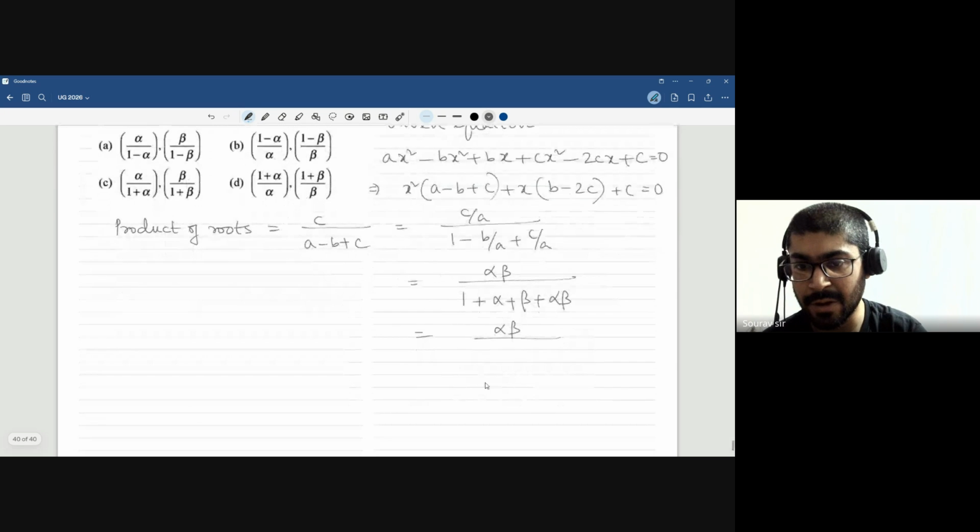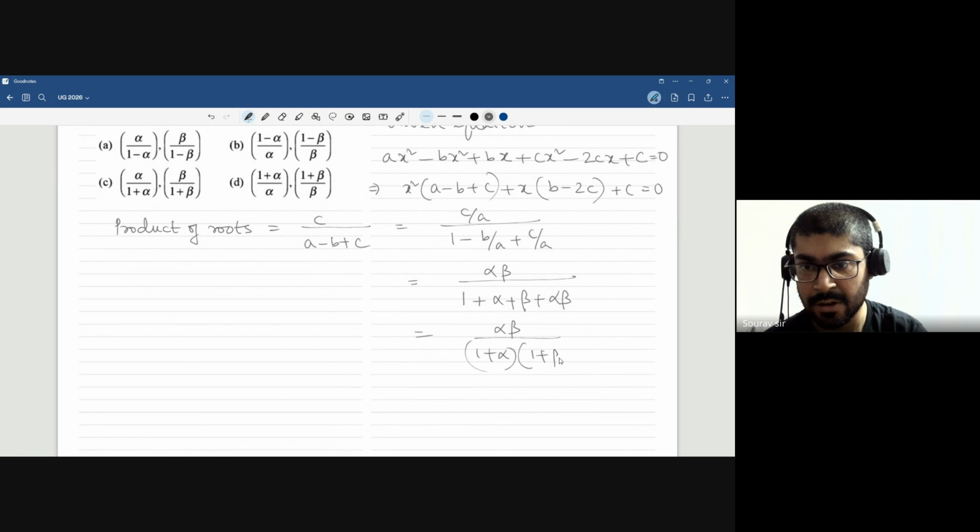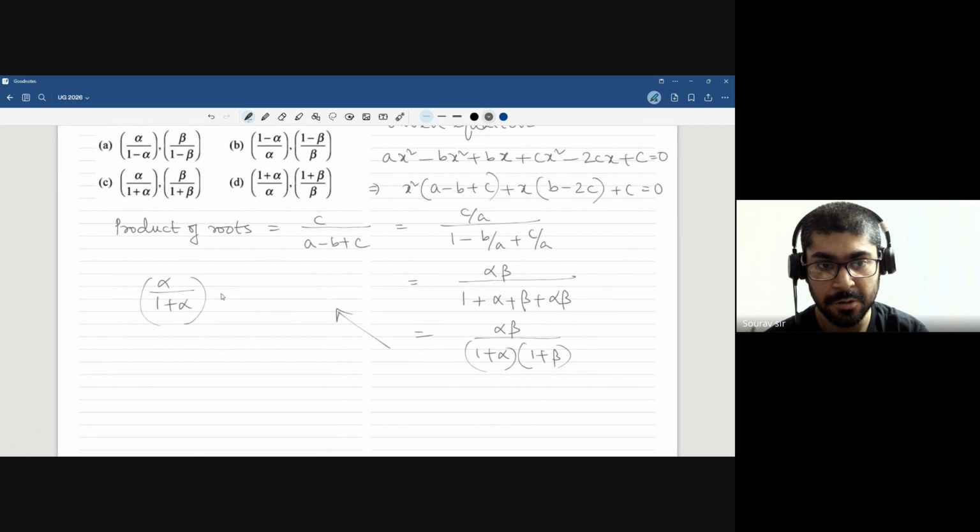Taking common, this will just be 1 plus alpha into 1 plus beta. So this becomes alpha over 1 plus alpha into beta over 1 plus beta.